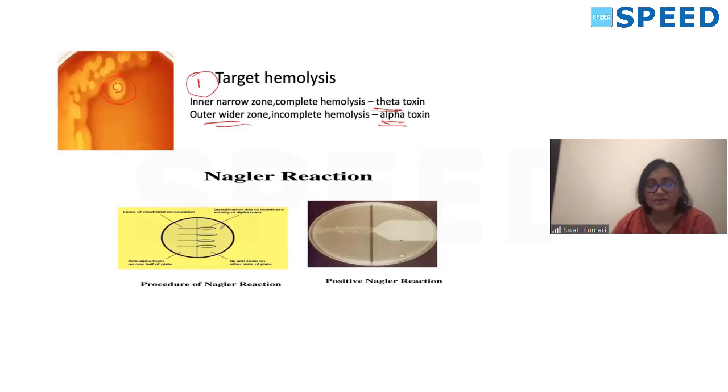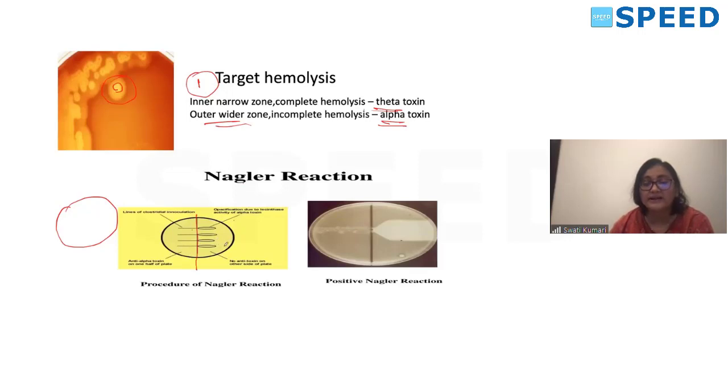Then you have the Nagler reaction. Because of the alpha toxin, it causes opacification due to the lecithinase activity of alpha toxin. When you culture the bacteria on egg yolk agar media, it causes opacification. You can see this is the opacification. One half of the plate has antitoxin, so there is no opacification.